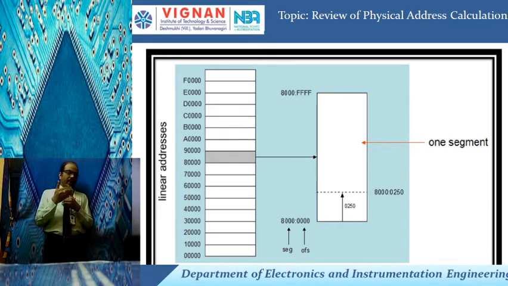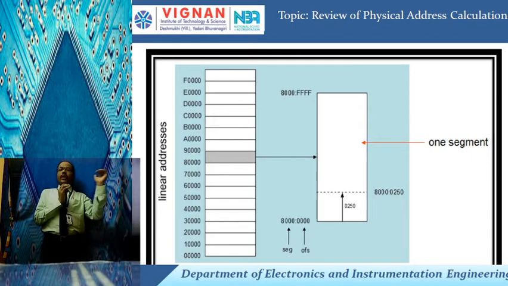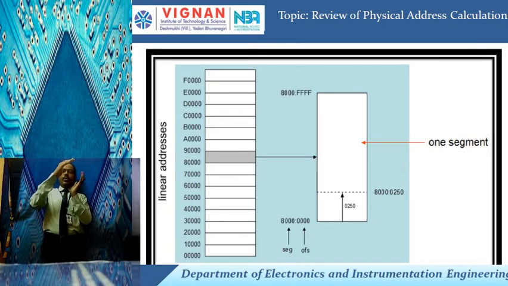That's why we have physical address calculations, and for that purpose we have segment registers. The segment registers hold the upper 16 bits of the starting address of the segment of that particular memory location.